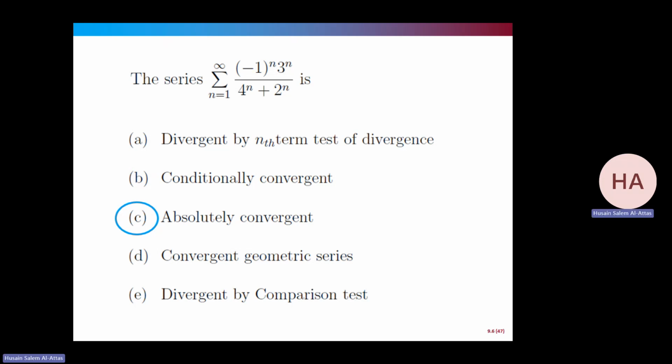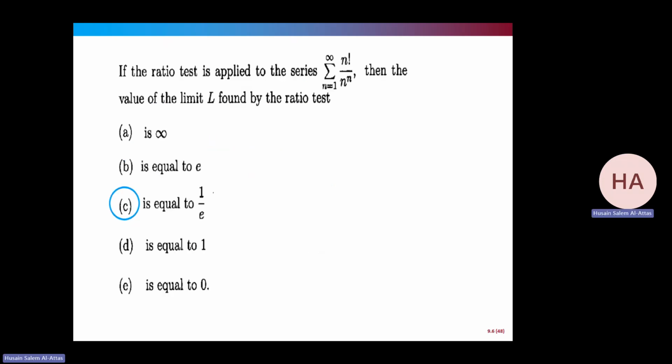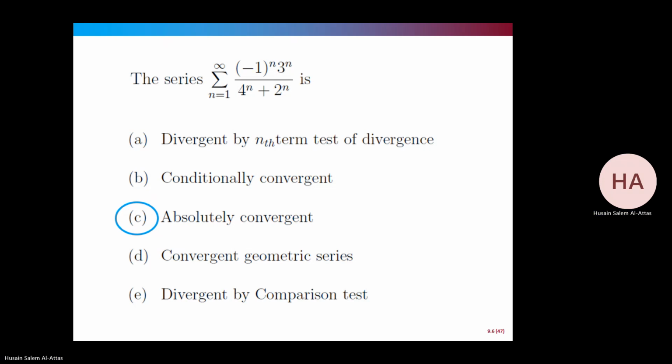Let me do this one, then I will stop. 3 to the power n over 4n. I can manipulate this a little bit. That will be minus 1 to the power n, 3 to the power n over, this is 2 all to the power n, so it's 2 to the power 2n plus 2 to the power n, which I can simplify.